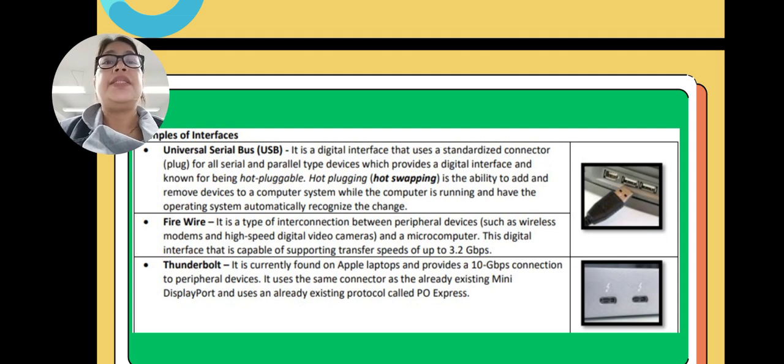Next is Thunderbolt. It is currently found in Apple laptops and provides a 10 Gbps connection to peripheral devices. It uses the connector of the already existing Mini DisplayPort and the already existing protocol called PCI Express.